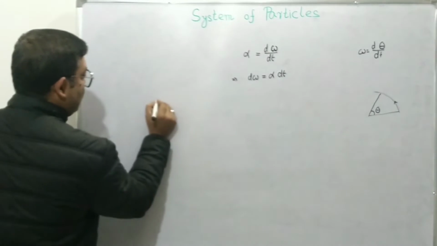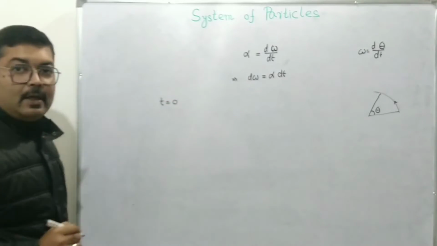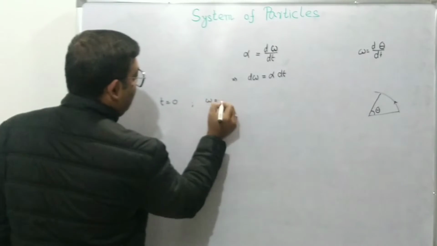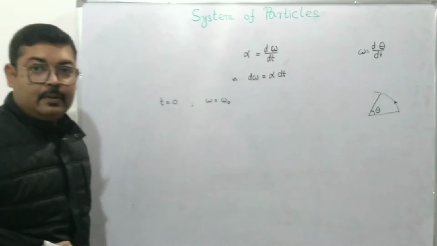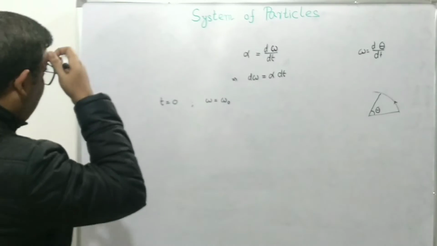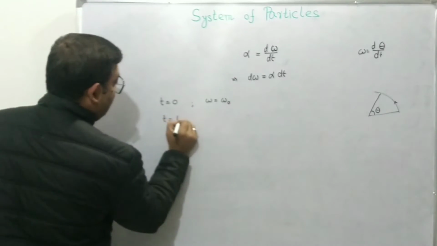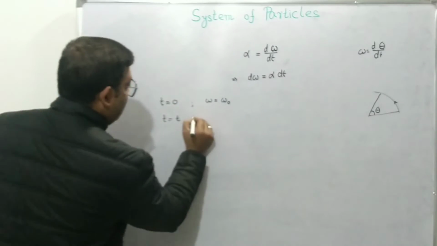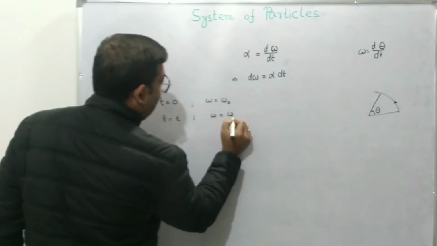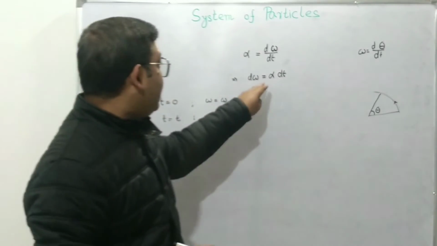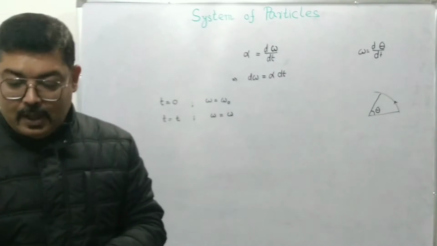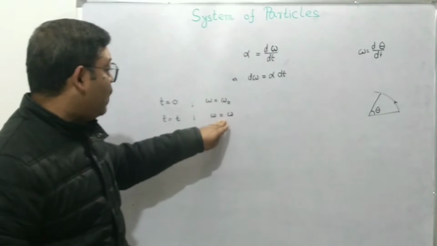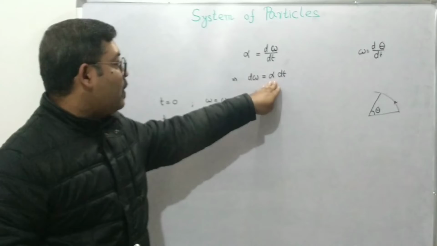So if we take certain conditions, that when t was equal to 0, when we started the measurement, the angular velocity was omega naught, the initial angular velocity, and when we concluded the measurement, that is when time is equal to t, the angular velocity has become omega. We are considering the case of constant angular acceleration, not variable angular acceleration. Then the net change of angular velocity is equal to alpha into dt.